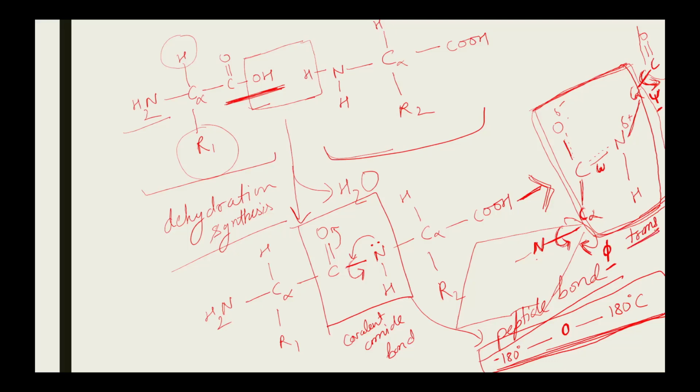And if both the alpha carbons are in the same direction, like this, both the C alpha in the same position, so the R groups associated will also come in the same direction. This is the cis configuration.